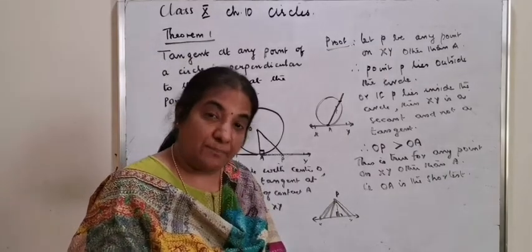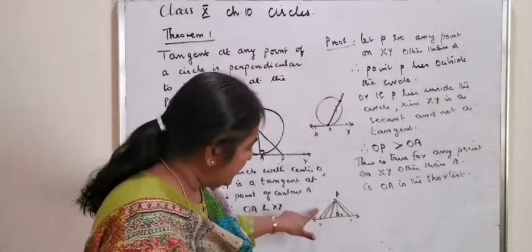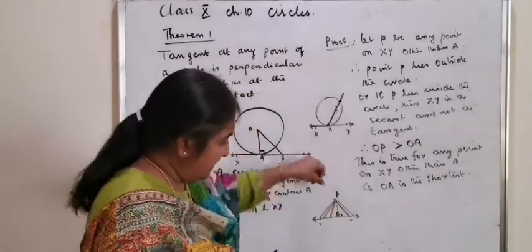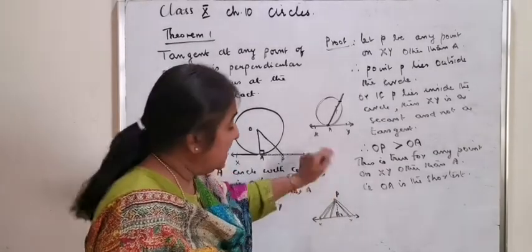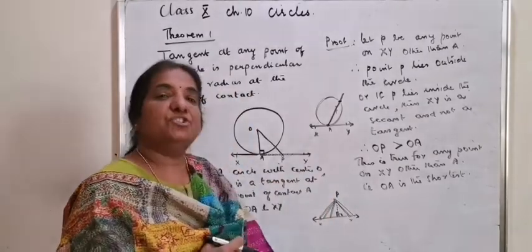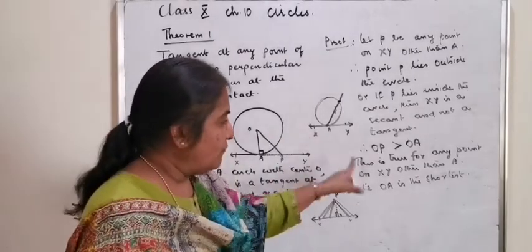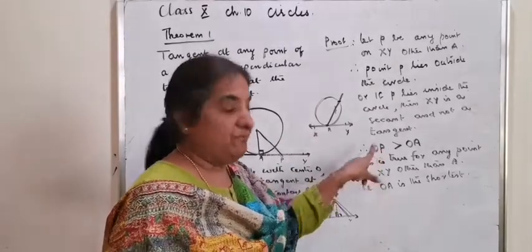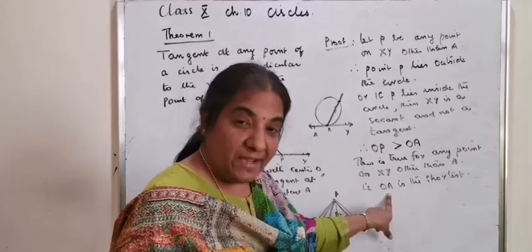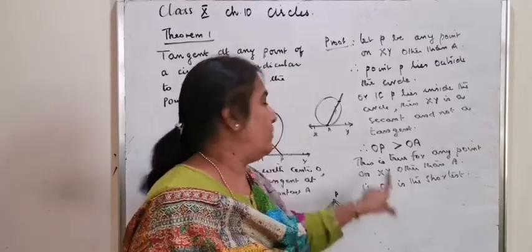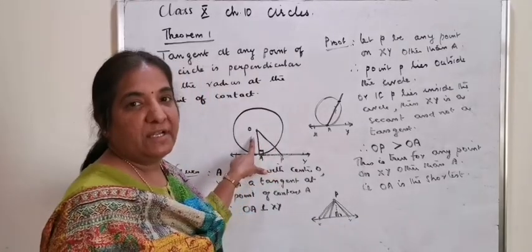So, what is that property? Of all the line segments that can be drawn from an external point, the perpendicular is the shortest. Here, of all the line segments drawn, we understood that OA is the shortest, or OA is a perpendicular and OA is the radius of our circle.